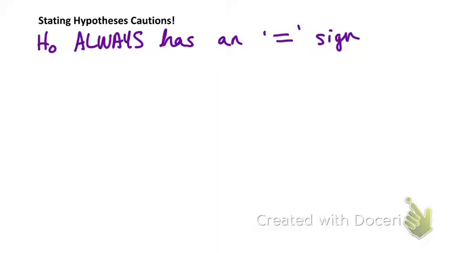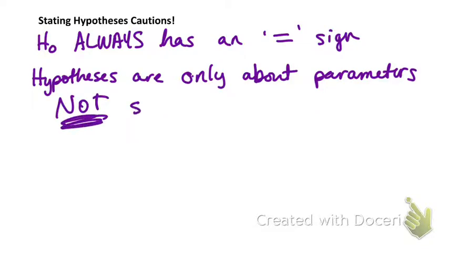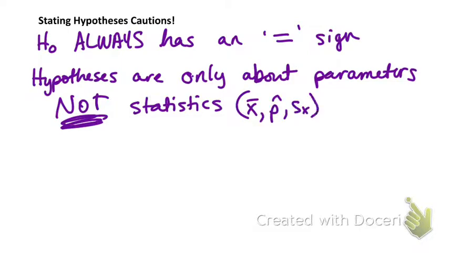Your hypotheses are only about parameters, not statistics. What I'm saying here is that you will never see an X bar, a P hat, or an S sub X in a hypothesis statement.